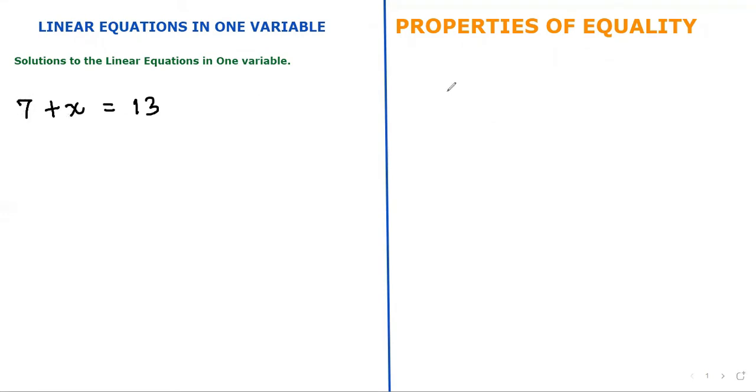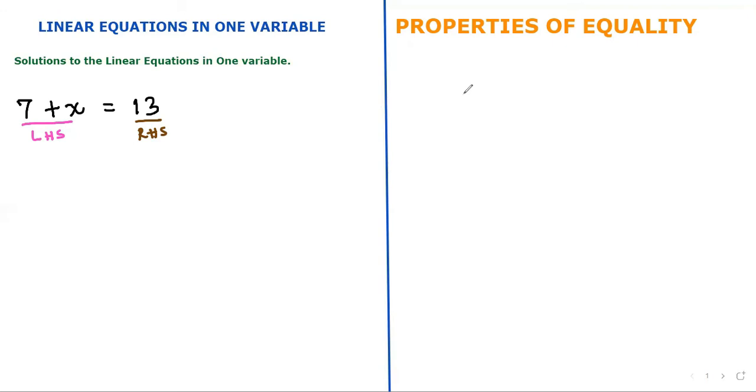And then we said that we call it an equation because of the equal sign. The equal sign means that the left-hand side is equal to the right-hand side. This is what it means when we put an equal sign here.